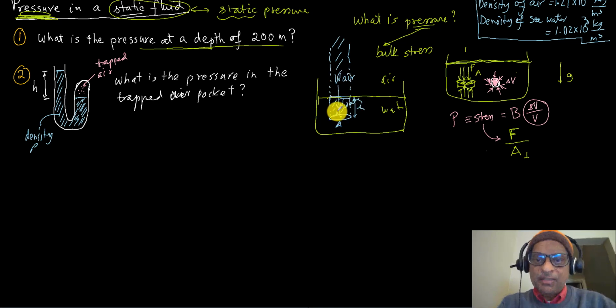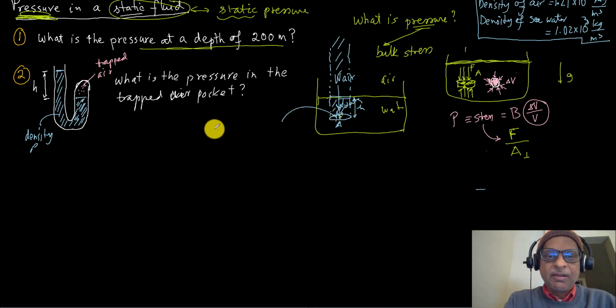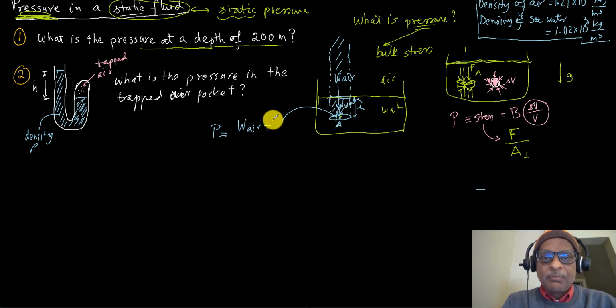All of this is acting on this area. So the pressure at this point should equal the weight of air plus the weight of water above this point, over the area A.